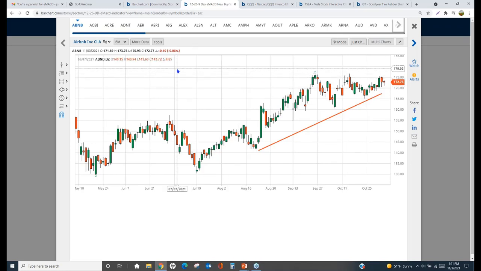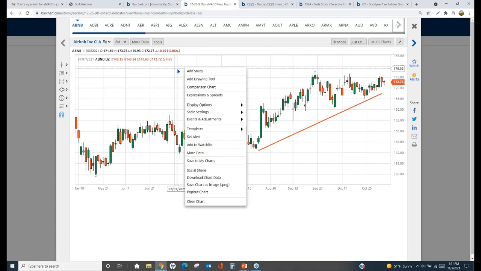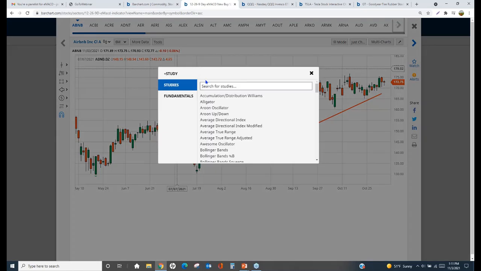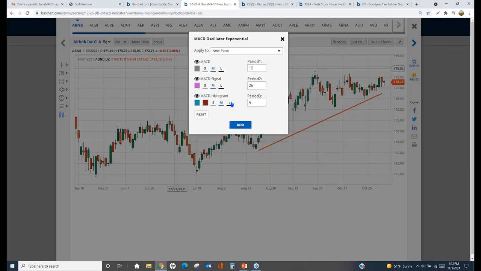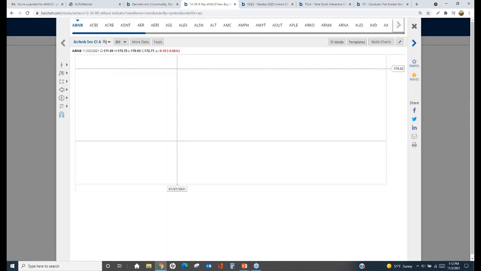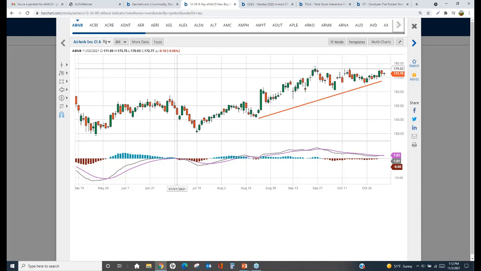So I'm going to right click, choose study, and add a study. I can just type in MACD, and there it is, MACD oscillator. Notice before I add it, there are our defaults, our 12, our 26, and our 9. I'll add it to my flip charts.